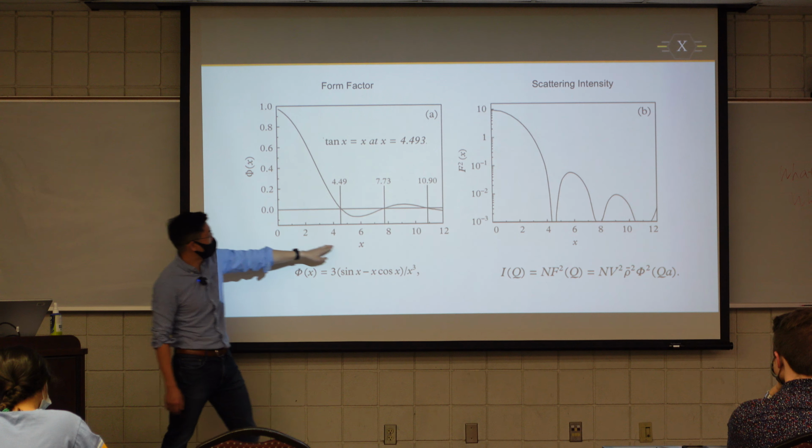Let me go through one slide quicker because I like this slide. Just look at it here. S(Q) is the structure factor, but basically you can read it as intensity versus Q. This shows scattering at different length scales.